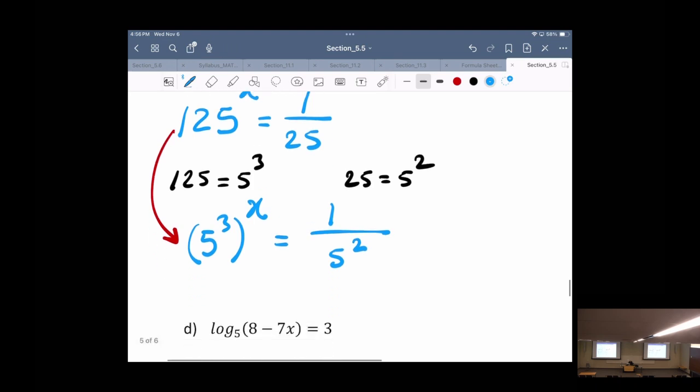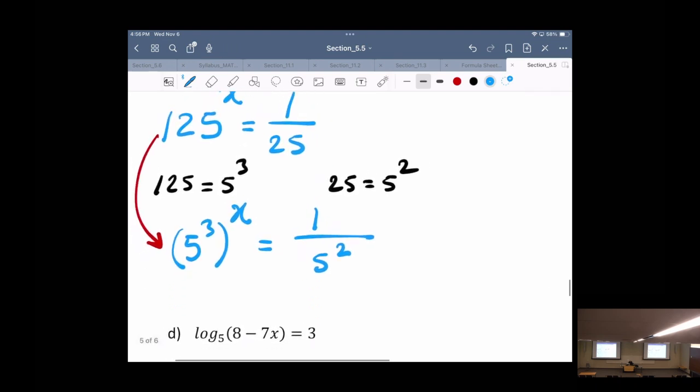Now, I'm going to use the properties of exponents and say that the inside and outside powers always multiply each other. So instead of 5 cubed to the x power, I can write 5 to the 3x power, right? That's the properties of exponents that we learned about maybe in pre-algebra, right? So here we're just applying it.